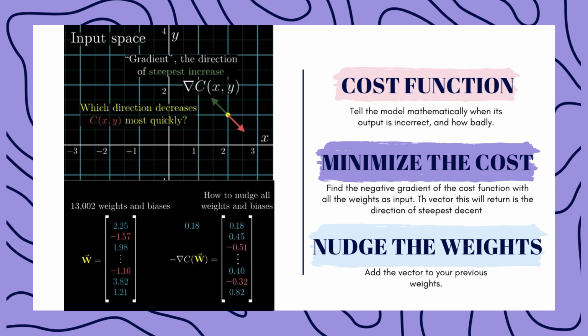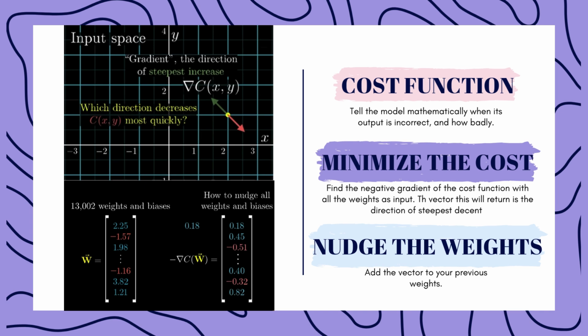And so the cost function, as I said, tells the model mathematically when its output is incorrect and how badly, because the cost could be very large versus very small.